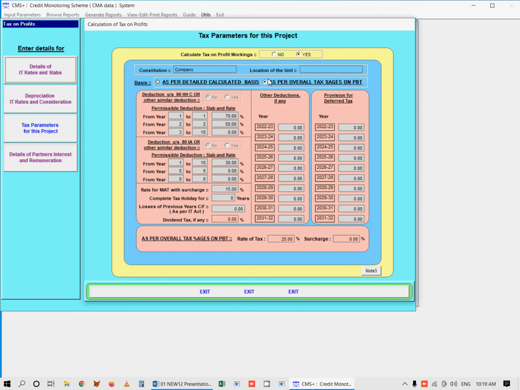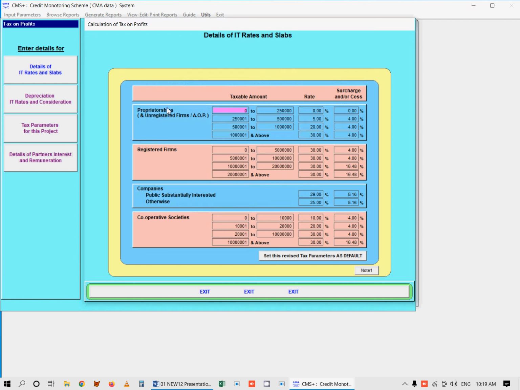B. Tax on profit to be worked out at specified tax rate and surcharge on PBT. It provides for IT slabs and rates as per different constitutions, and it could be adapted and set as default at any point of time.